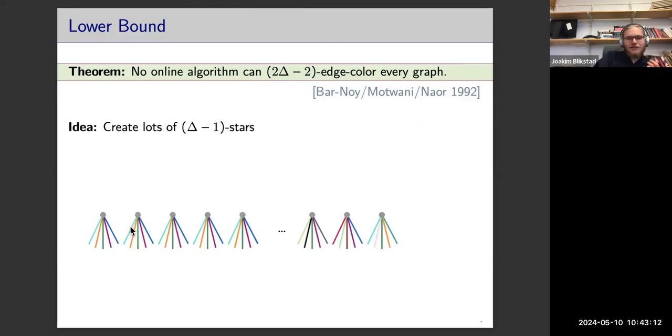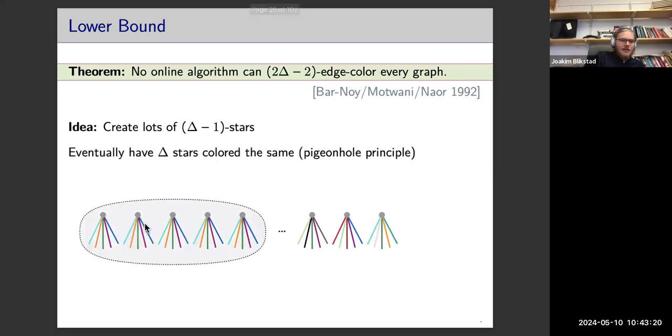The idea is you first create lots of stars where all these nodes have a degree of delta -1, and you create a lot of them, and eventually, if your algorithm just uses 2 delta -2 colors, there's a finite amount of different stars there could be, ways to assign colors to them, right? Which means eventually by the pigeonhole principle, if you create enough of these stars, there must be delta of them which look identical, they have the same colors assigned to them.